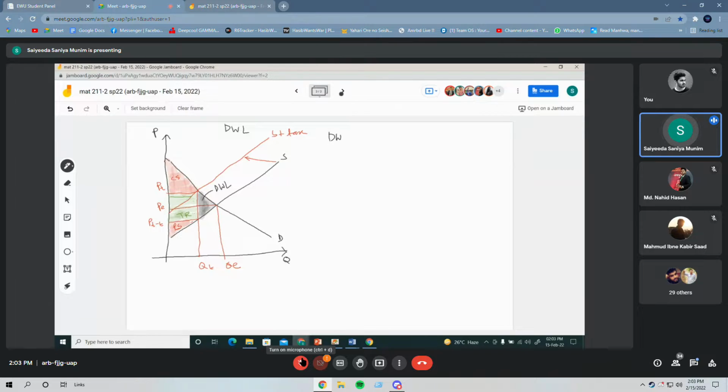Now, the deadweight loss area, if you notice, is also a triangle. The triangle's base is your tax, and the height is the quantity difference before and after tax.